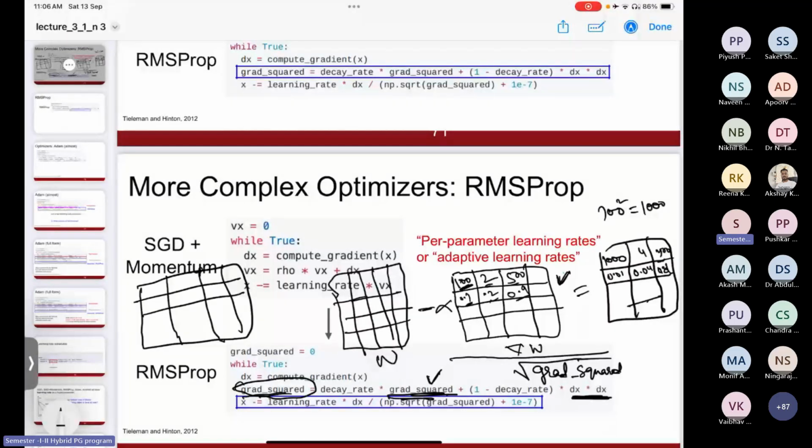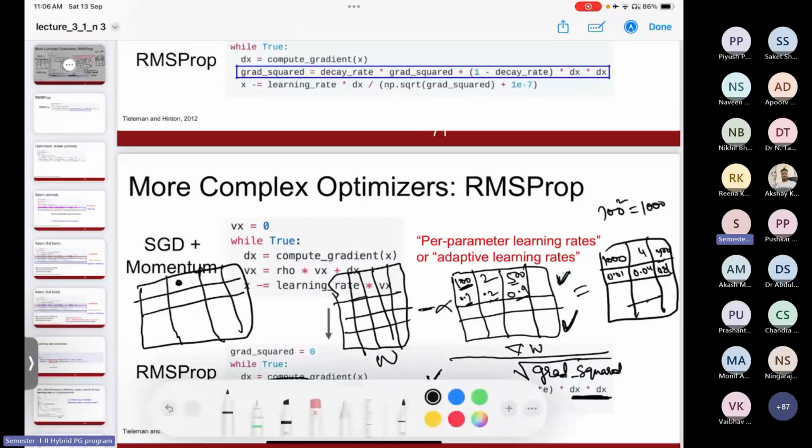I'm just talking about this. At this point it will have larger values. Previously it was only 2, now it became larger than 2. And it will have smaller values where the current gradient was small.